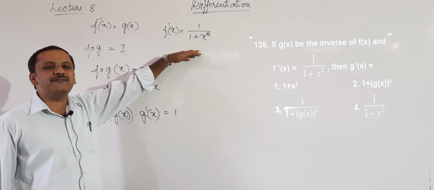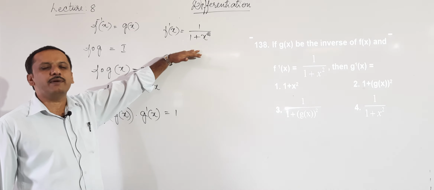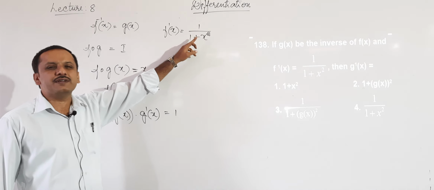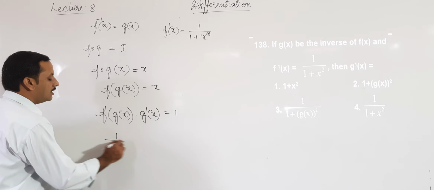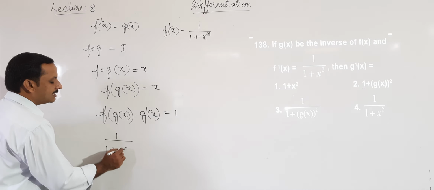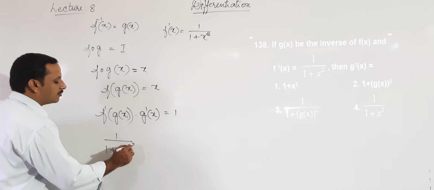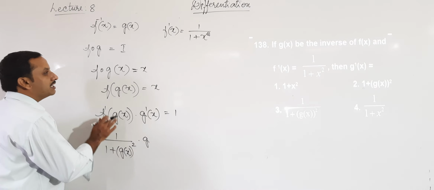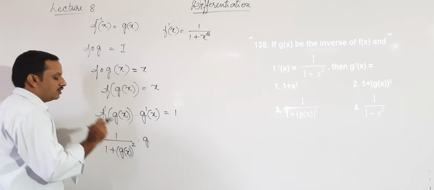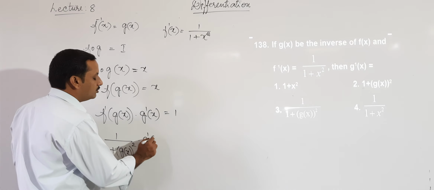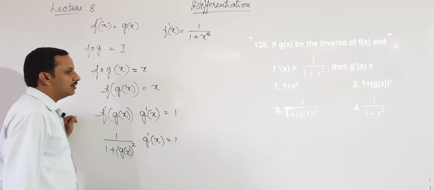It is given that f dash of x is equal to 1 by 1 plus x square. Therefore, f dash of g of x is 1 by 1 plus g of x whole square. So, f dash of g of x is 1 by 1 plus g of x whole square into g dash of x is equal to 1.